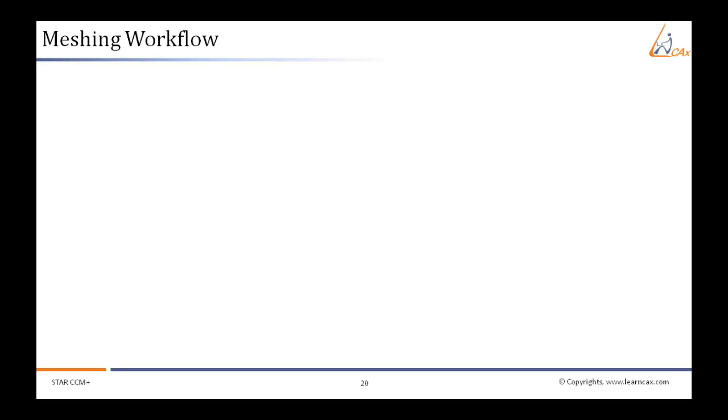In general, this is the workflow while generating any kind of mesh in Star CCM Plus. The first operation is to import surface in the form of CAD geometry or create CAD in a 3D CAD tool. Then perform surface repair operations and make the surfaces ready for CFD volume extraction and mesh generation.